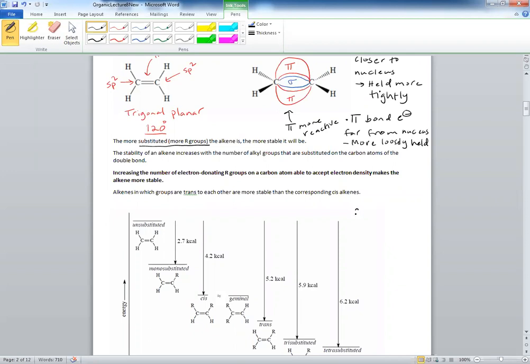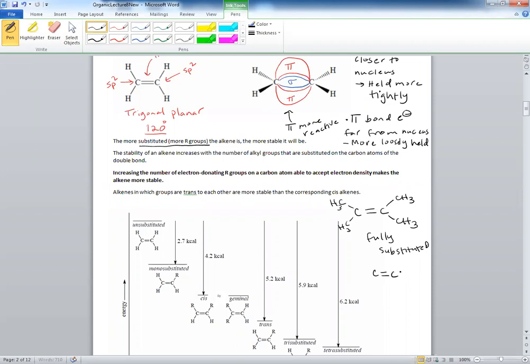So I'll give you an example. If I have this, and I have methyls here, all of those are R groups. So this one is fully substituted, or as written below, tetra substituted. There are 4 groups.